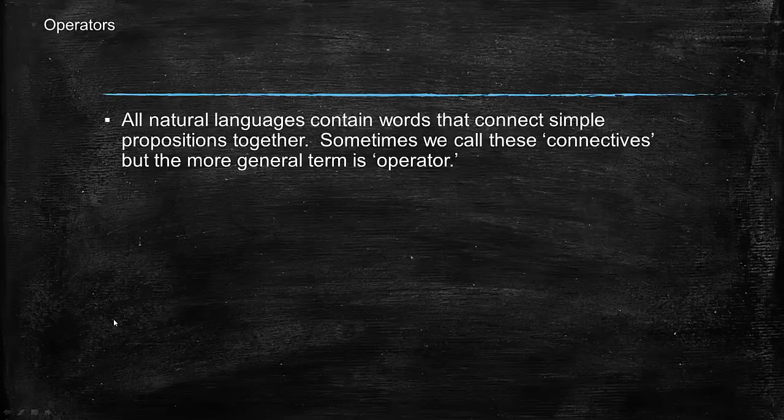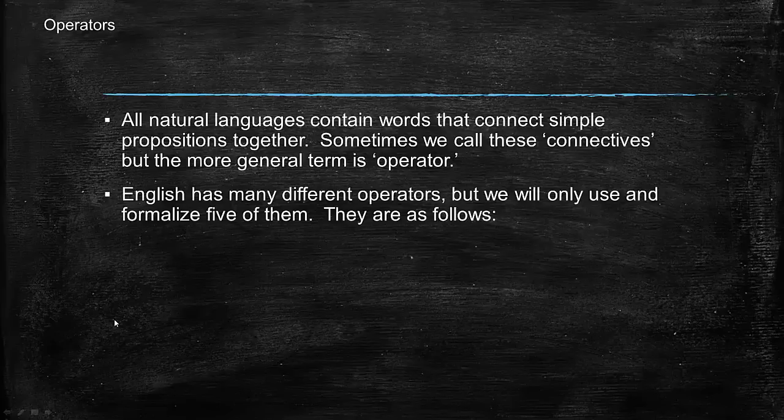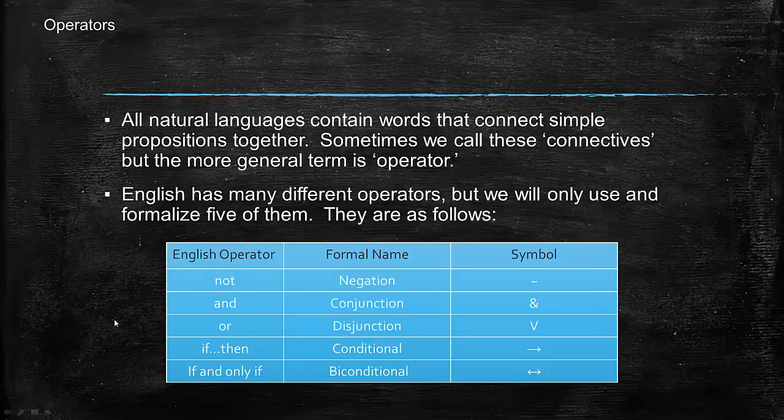So all natural languages, like English, contain words that connect simple propositions together. Sometimes we just call them connectives, but the more general term is operator or logical operator. So English has tons and tons of operators, it turns out, but we only use a few of them, five to be specific, and they are these.